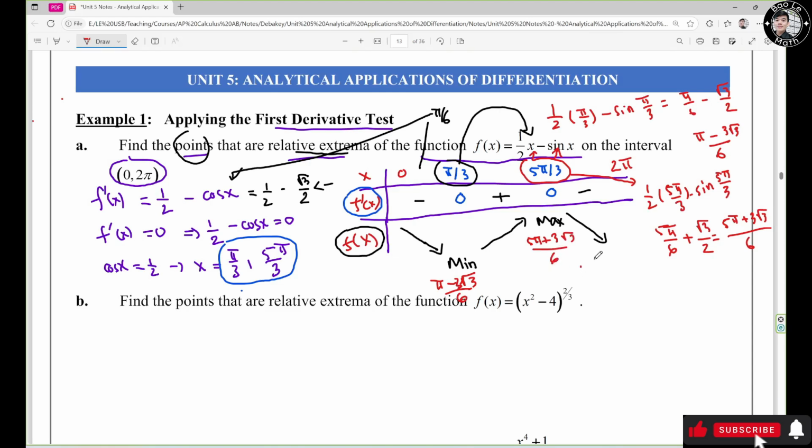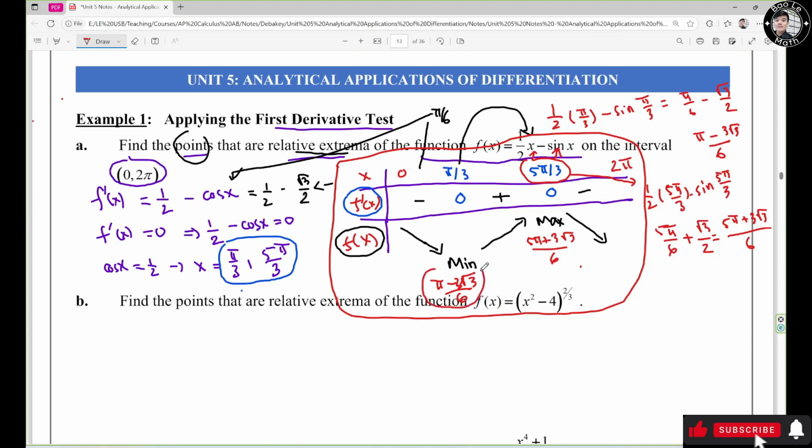Alright, now last but not least, you need to conclude. Keep in mind this table right here is the one that helps organize your thought. It's not the work you need to show on the AP exam. On the AP exam you need to write: the function f of s has a relative minimum pi minus 3 root 3 over 6 at s equals pi over 3, because the function f prime of s changes from negative to positive at s equals pi over 3.